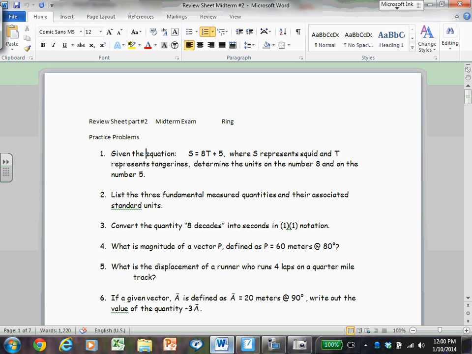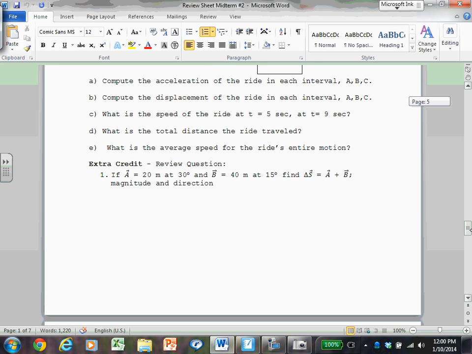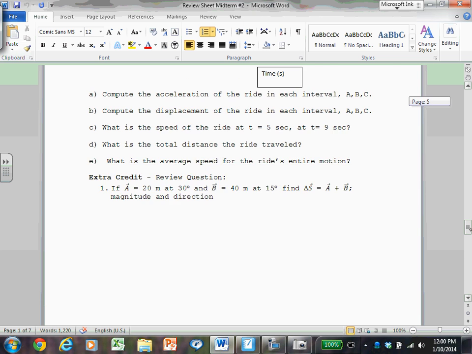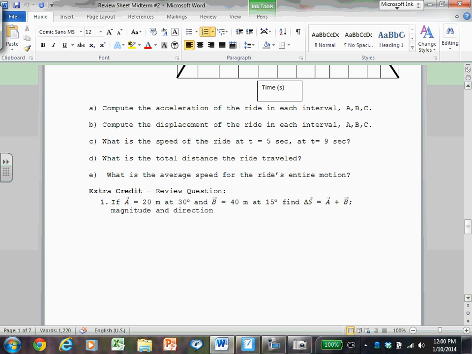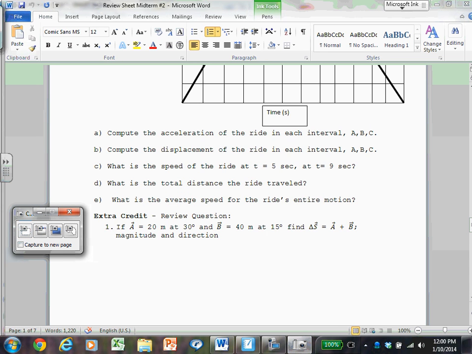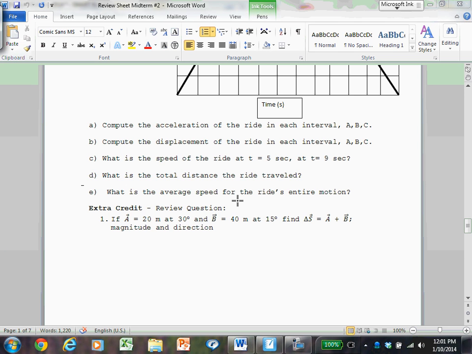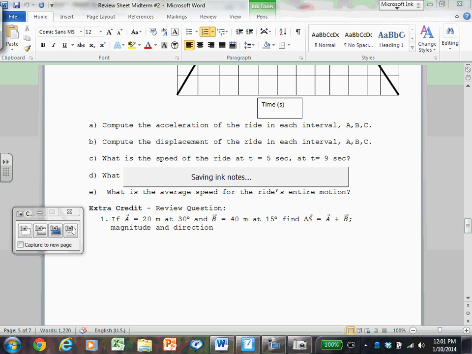Alrighty. What was the average speed for the ride's entire motion? Well, no. You want to do delta S over delta T. Because the average speed for the entire ride could be different.